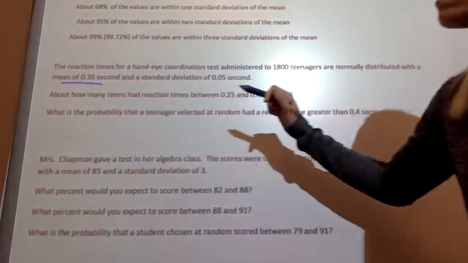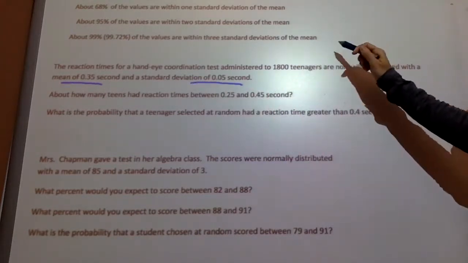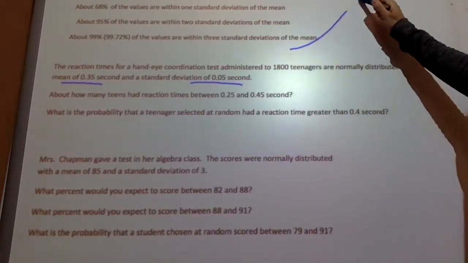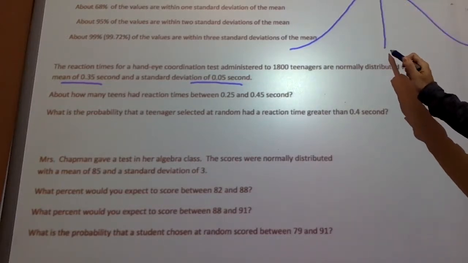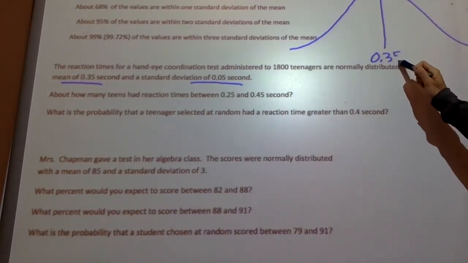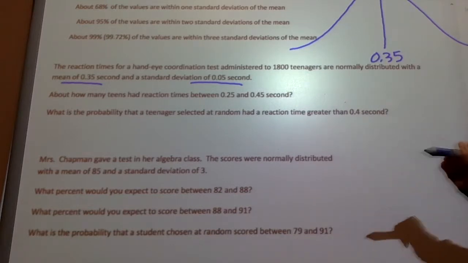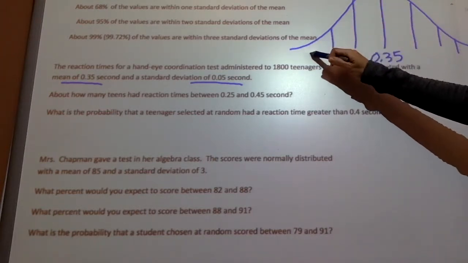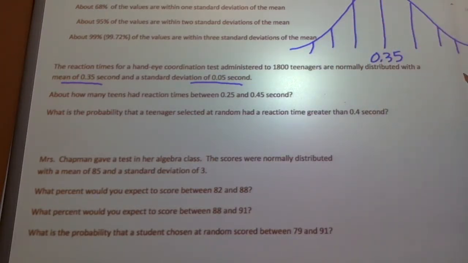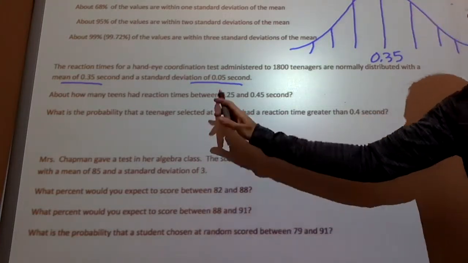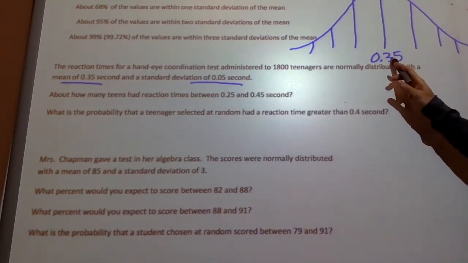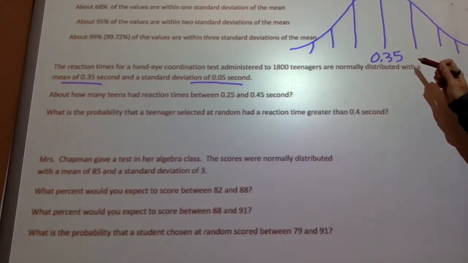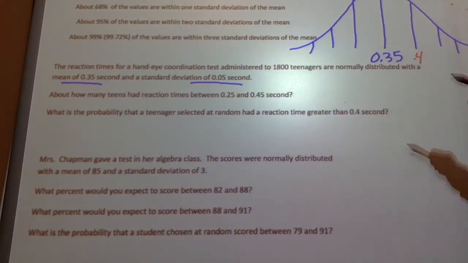So here's my mean, 0.35, here's my standard deviation. So if I set up a bell curve, my mean always goes in the middle, 0.35. And just like I did last section, you count by standard deviations. Add 3 times, subtract 3 times. Since my standard deviation is 0.05, what's 0.35 plus 0.05? 0.4 plus 0.05. 0.45 plus 0.05. 0.5.